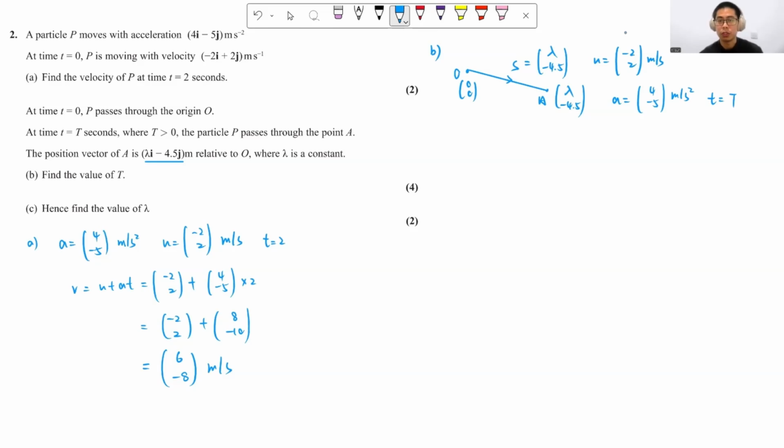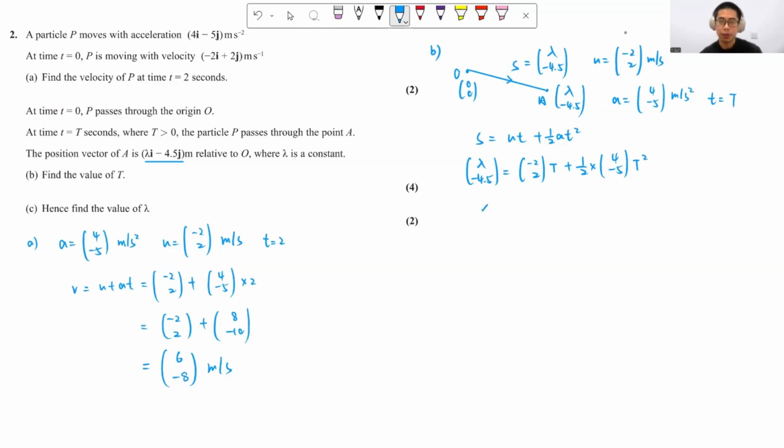So if we're going to use SUVAT, it has to be s equal to ut plus half at squared. So put in s, which is (number, negative 4.5), and then u is negative 2 and 2, t is capital T, and then plus half times a, which is 4 and negative 5, times capital T squared.